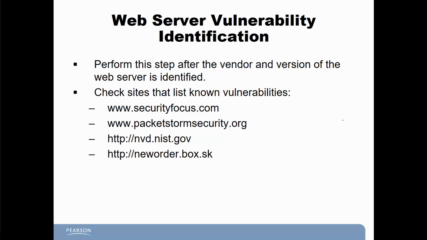And there are several websites out there that explain the vulnerabilities for specific web servers. Here's just 4 common ones. Security Focus, I get a lot of information from. Packet Storm Security, same thing. The interesting thing here, though, is you can say, I'm looking for IIS version 8 or IIS version 8.5, and you'll be able to get vulnerabilities specifically for that version of web server.